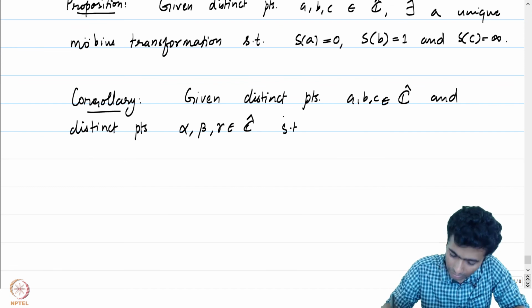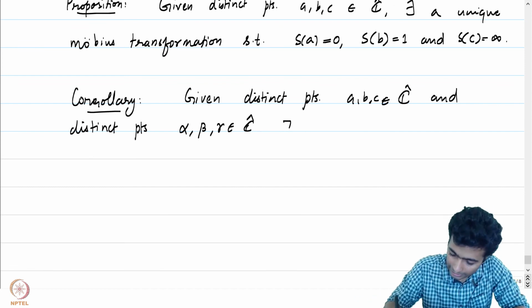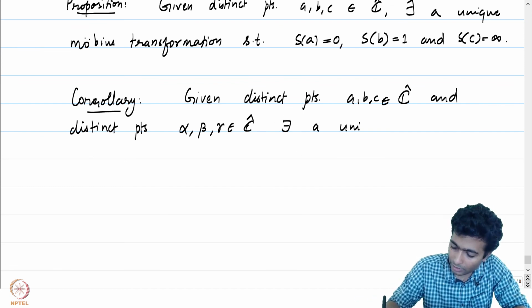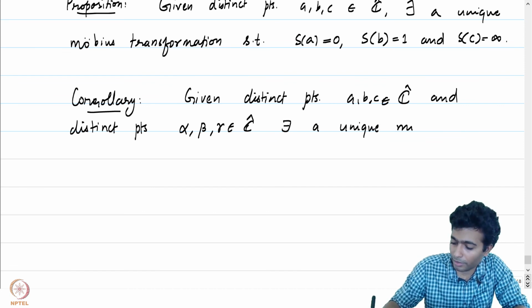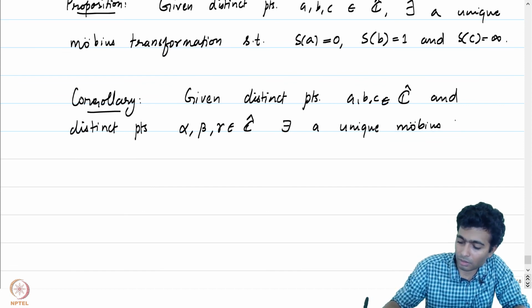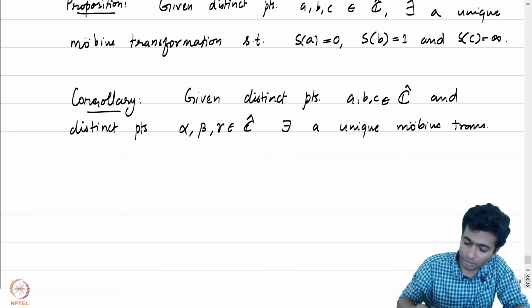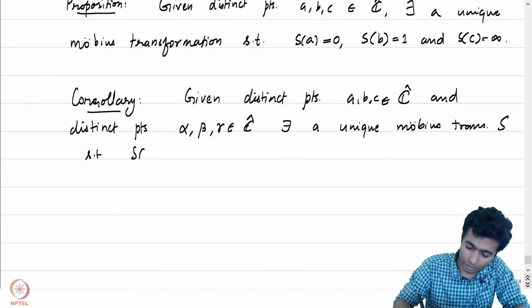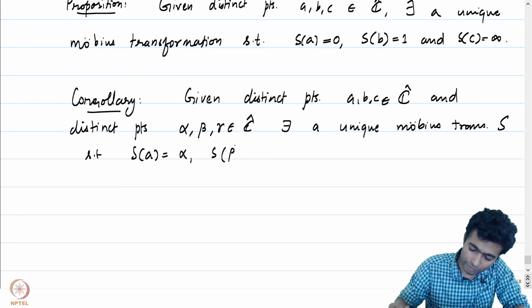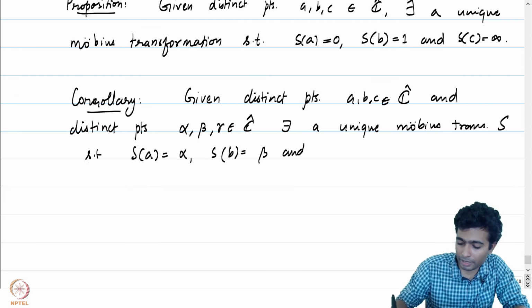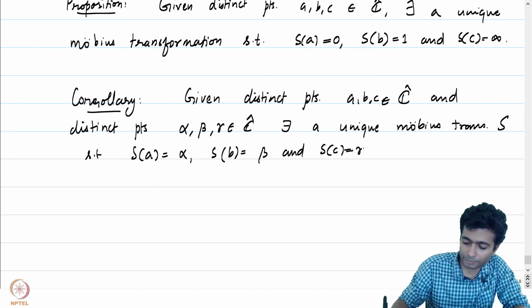That is, there exists a unique Mobius transformation S such that S of A is equal to alpha, S of B is equal to beta and S of C is equal to gamma.